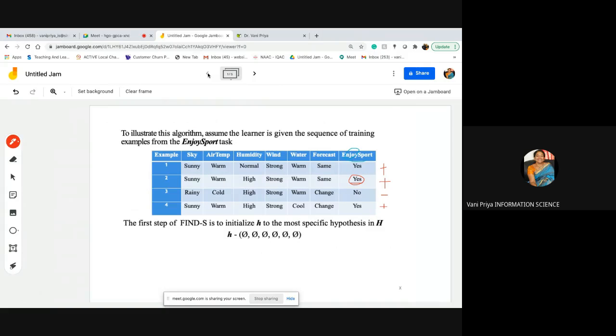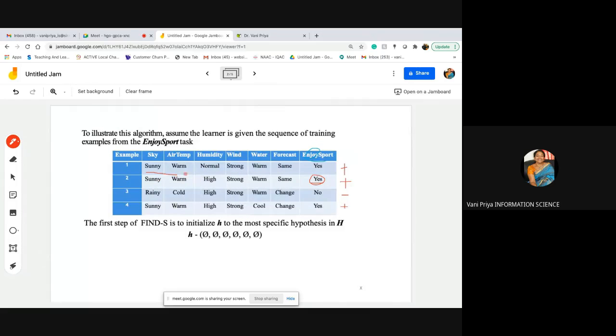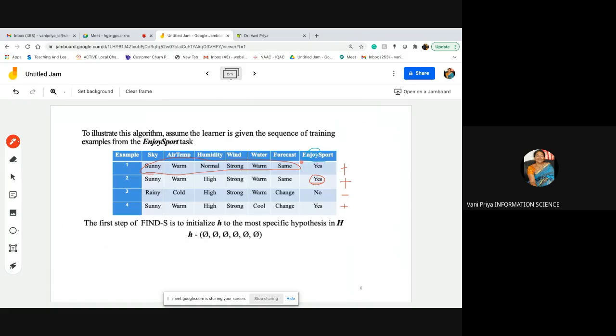What are we going to do for each positive training instance x? What is meant by instance? The values of all the features together are called an instance. For each positive training instance x.